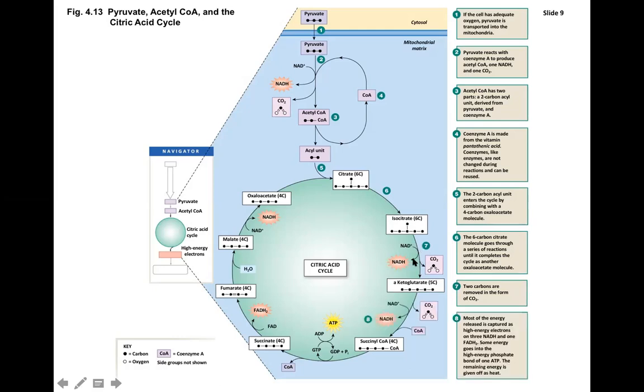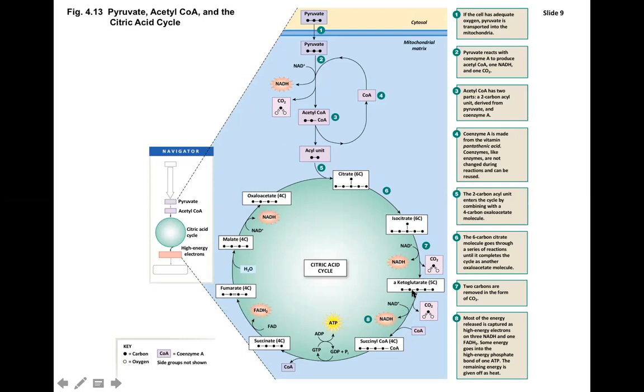And then the next step is another carbon dioxide released, and another NADH molecule released. So one of the things that you can notice here is that in all instances of CO2 being released, there's an NADH molecule made. Okay, so anytime that CO2 is produced, there's also an NADH molecule made.